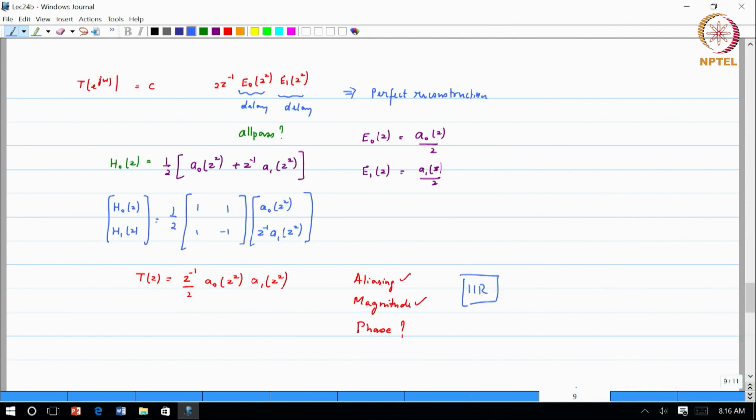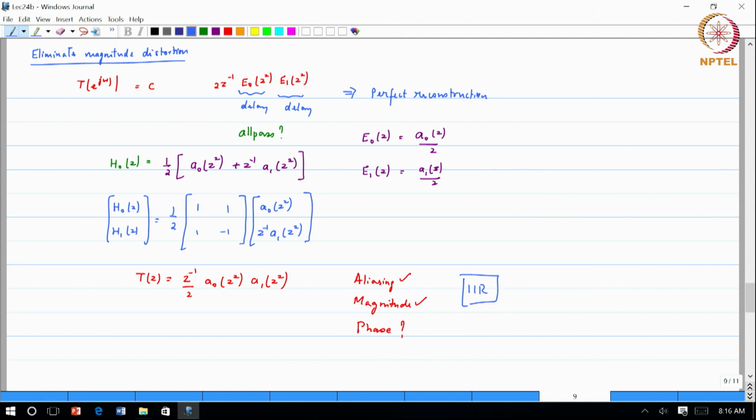Okay, the next part where we were trying to eliminate the magnitude distortion. So, eliminate magnitude distortion, you are back to a problem that we have studied before, but hopefully with a little bit more insight that we can derive this time. The polyphase components, the overall transfer function will be 2 times Z inverse E naught of Z squared E 1 of Z squared.